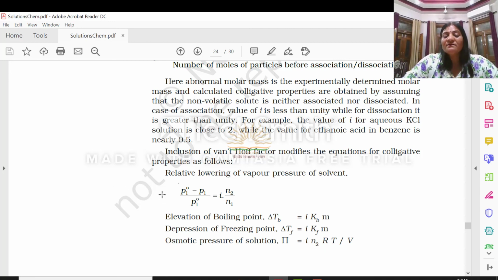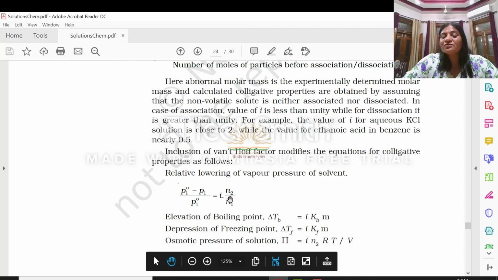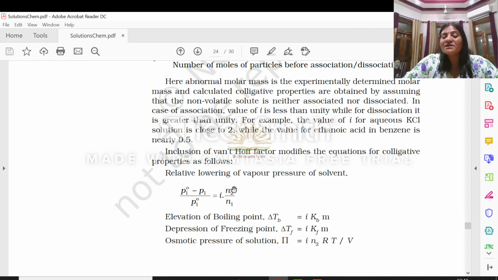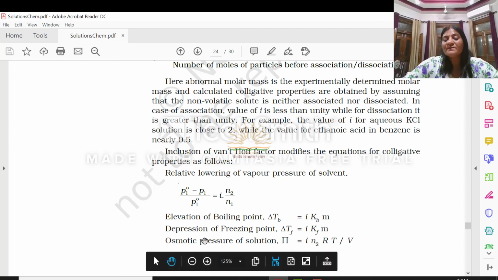Now in relative lowering of vapor pressure, (P01 minus P1) divided by P01, the relative lowering of vapor pressure is equal to i into X2, where X2 is the mole fraction of non-volatile solute, N2 upon N1. Elevation of boiling point, delta Tb is equal to i into Kb into small m, where small m is the molality. Depression of freezing point is modified as delta Tf is equal to i into Kf into small m.